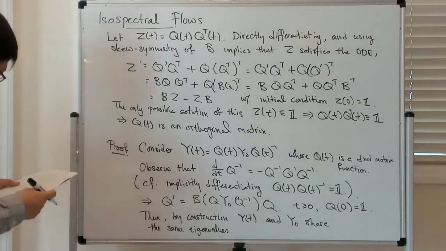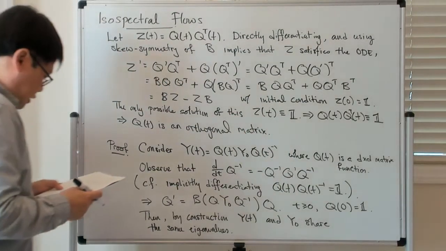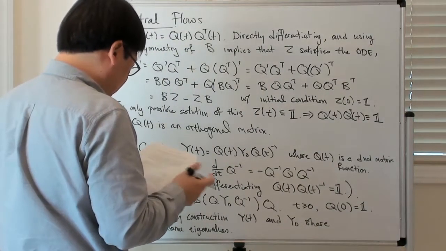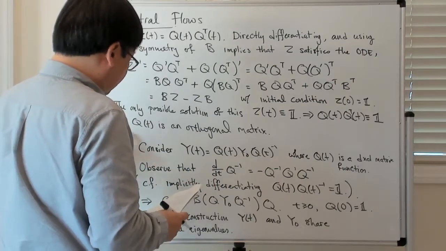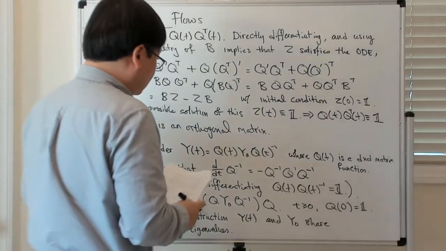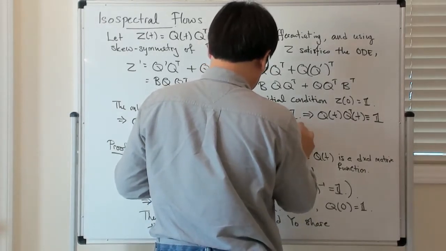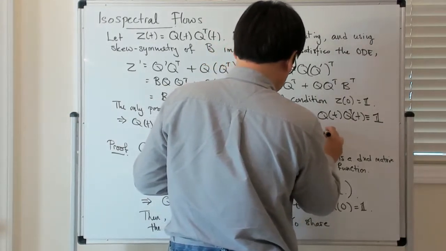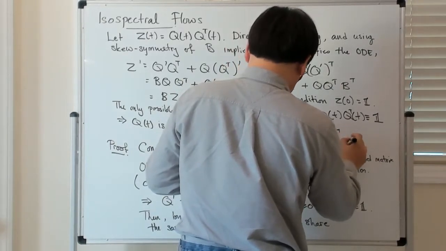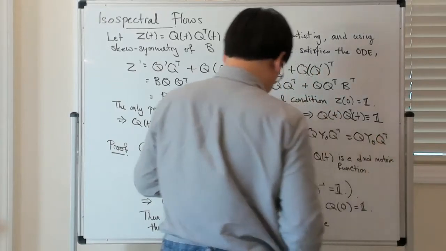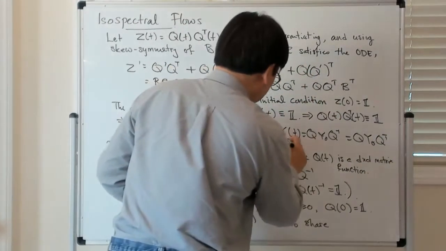Amongst other things, that then implies that Y is symmetric. Y as a function of t is Q Y0 Q inverse, but this is just Q Y0 Q transpose, which is symmetric.